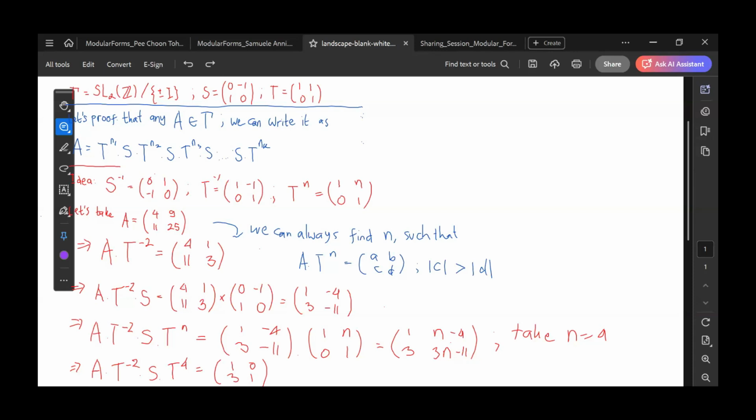Okay, and then if we multiply it again by S, we will have 1, 0, minus 1, minus 3, because we will exchange the columns. The first becomes the second, the second becomes the first, and then the second column will be multiplied by negative 1, right?